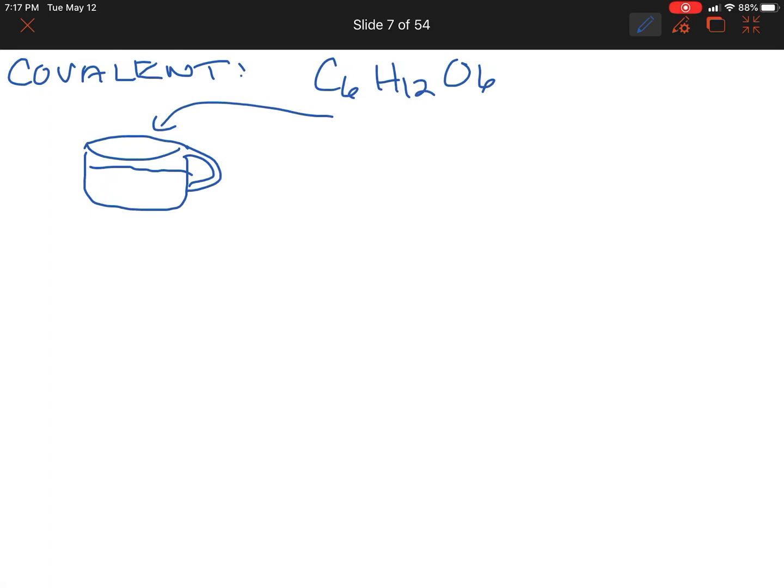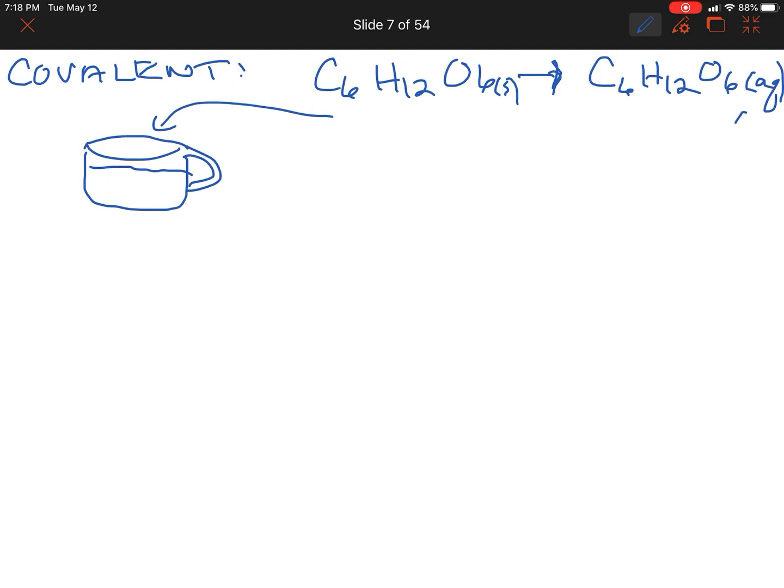The sugar, so this is in a solid form here. Does it break apart into carbon, hydrogen, and oxygen? No, it does not. So covalent molecules do not ionize, but they will change state. So it started out solid here, and then it goes to aqueous.